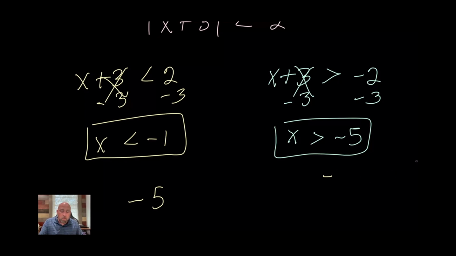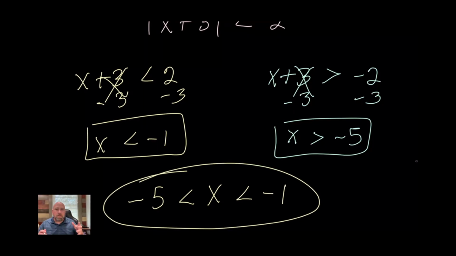Okay, so we're going to switch this when we write it back, and then we're going to put x in the middle. Now our x is in the middle, and if you notice here, our x is on the left side, so we would just keep this one the same. So x is less than negative 1. And that's how you put those back into that compound inequality format.